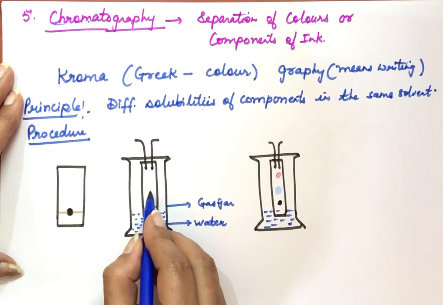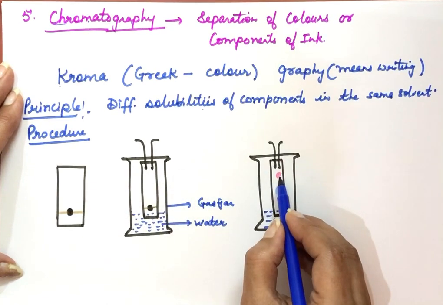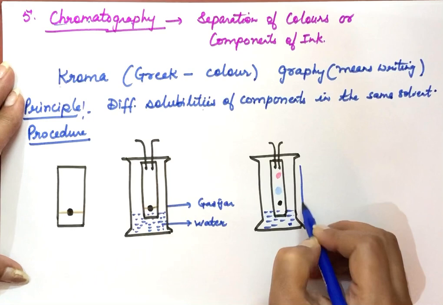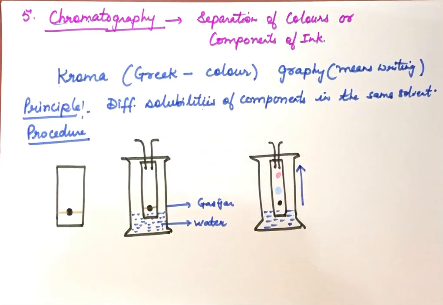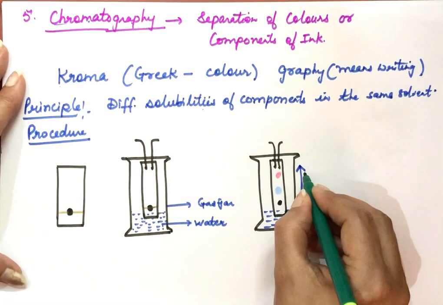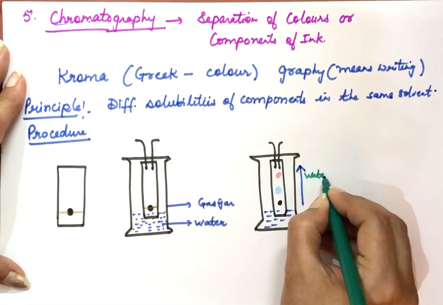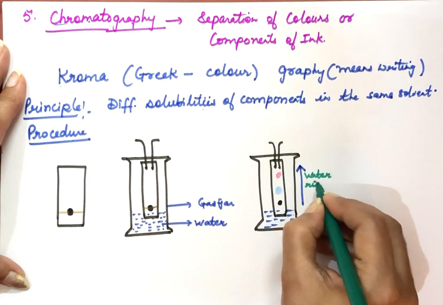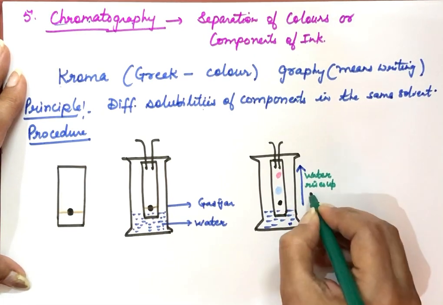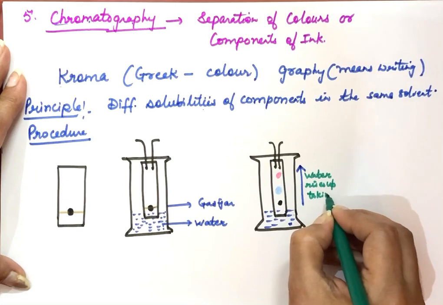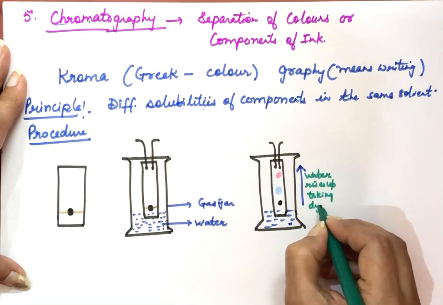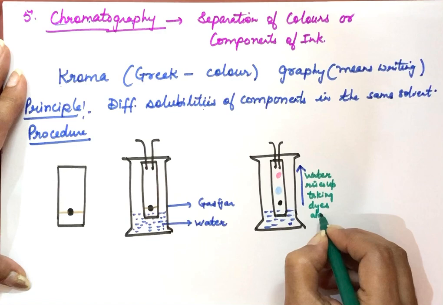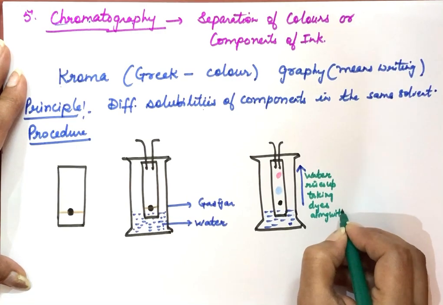Slowly with water they are rising up, and at the top part which component will be there? The one which is more soluble in water. So water rises up, and along with this it is taking all the colored components, which are called dyes, along with it.